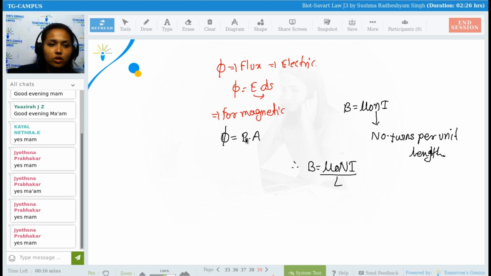Able to solve second question or not? All of you solve question easily, no problem.